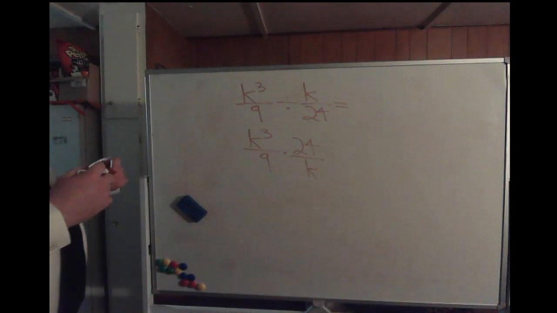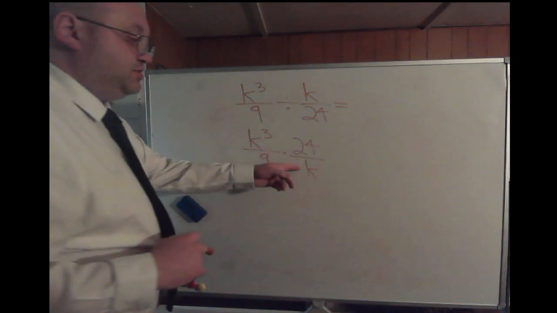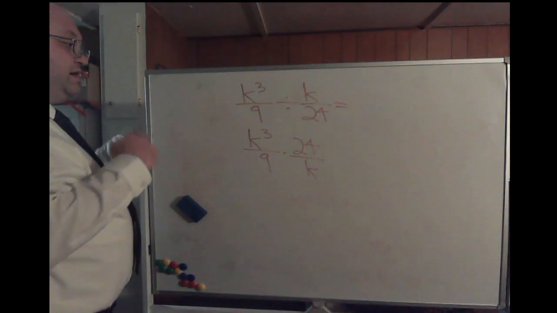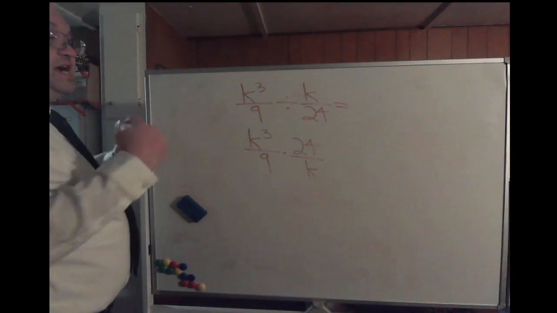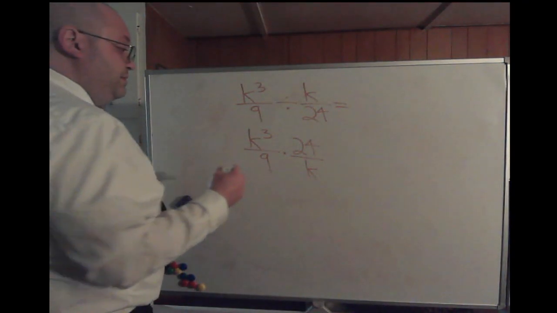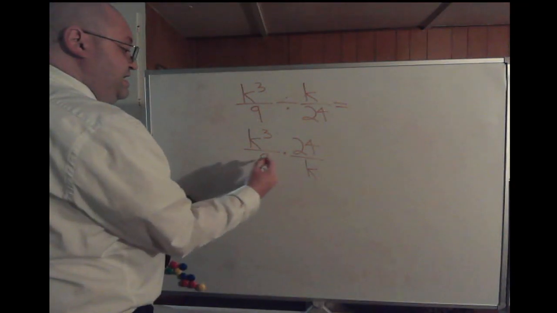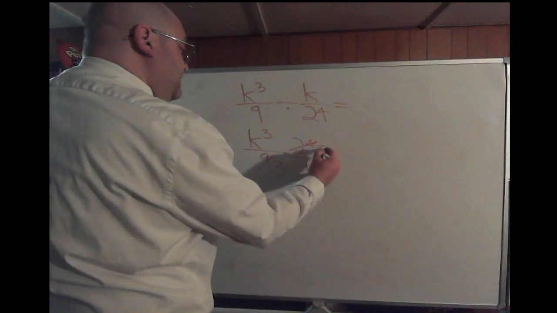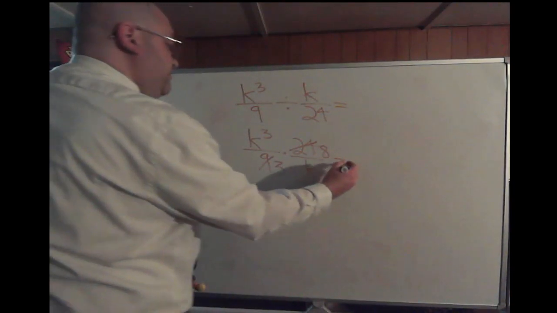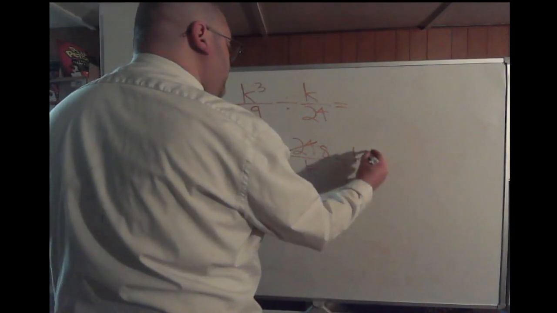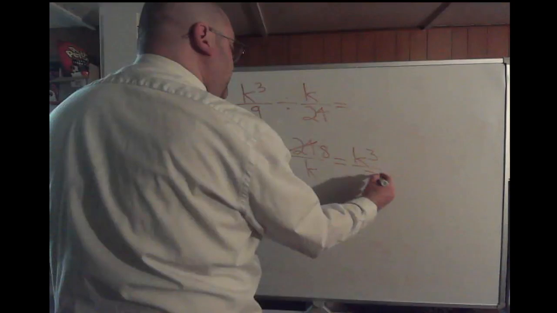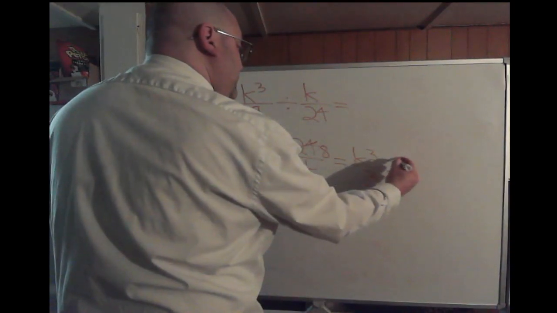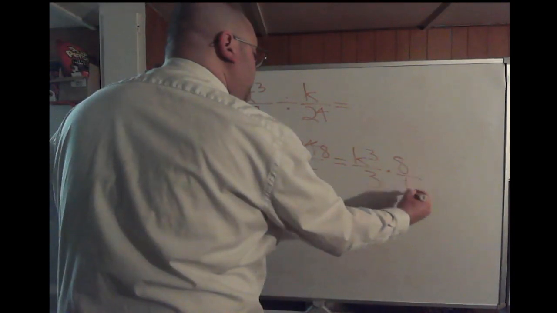Let's look for anything that'll cancel out. We'll deal with the variables in a second, but 24 and 9 have a common factor of 3. You divide 9 by 3, you get 3. Divide 24 by 3, you get 8. So what you're left with is k to the third power over 3 times 8 over k.